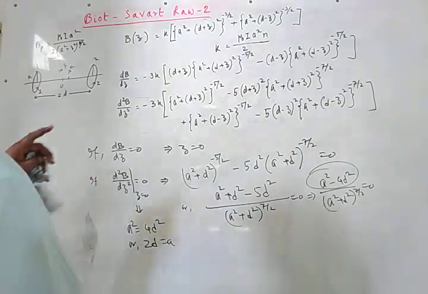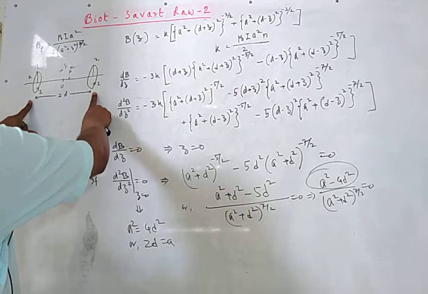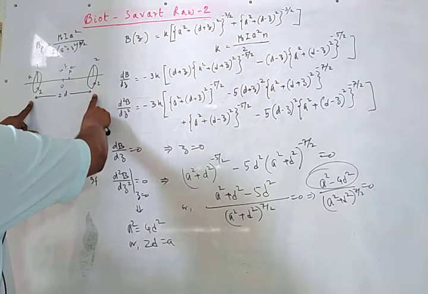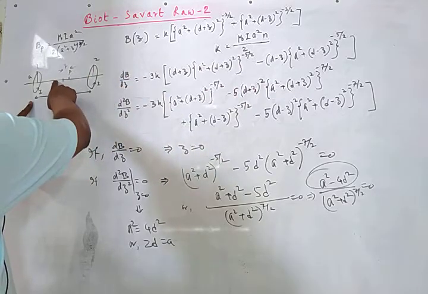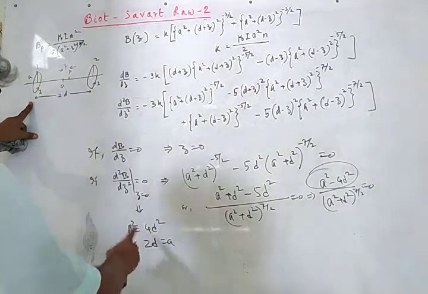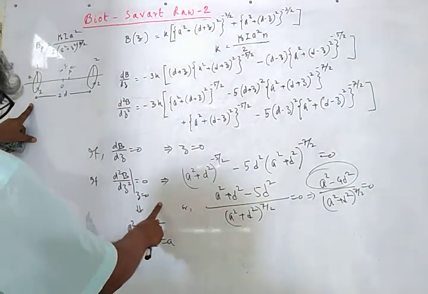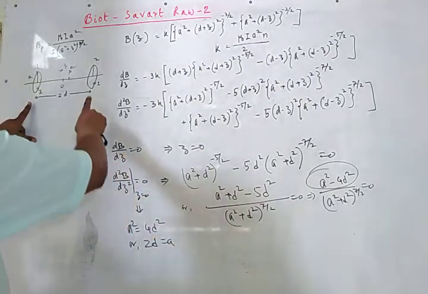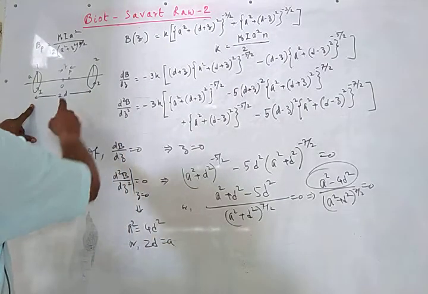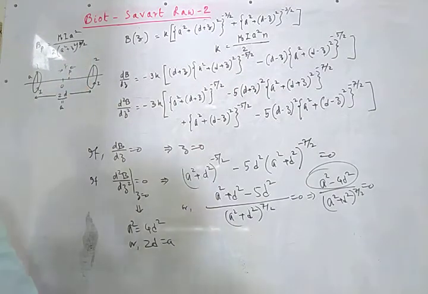radius. That is, if we have two identical coils of radius a, when they are separated by a distance 2d, the first derivative of the field will be 0 right at the midpoint, and to make the second derivative 0, we have to place the coils such that their separation 2d is equal to a, the radius.